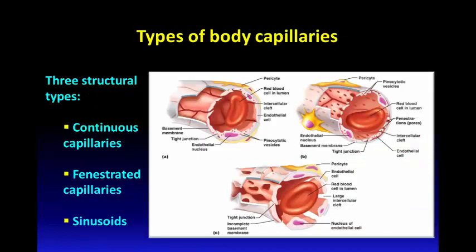Now, let's describe the types of the blood capillaries which we have in the different capillary beds in the body. Structurally, there are three types of capillaries: continuous capillaries, fenestrated capillaries, and sinusoids or sinusoidal capillaries.